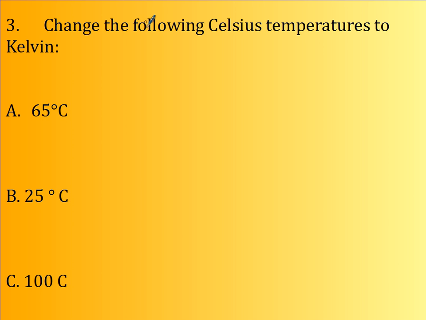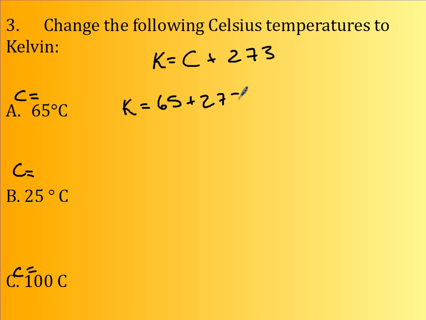Now, change the following Celsius temperatures to Kelvin. Remember, Kelvin is your Celsius temperature plus 273. These are pretty straightforward. Here are my C values. You'll do this correctly on your paper, of course. Kelvin is 65 plus 273, which is 338 kelvins.